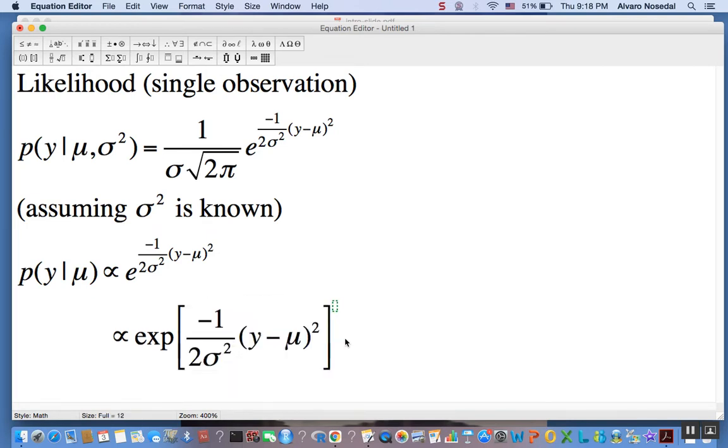Make sense? It's just notation. This is the same. Okay?